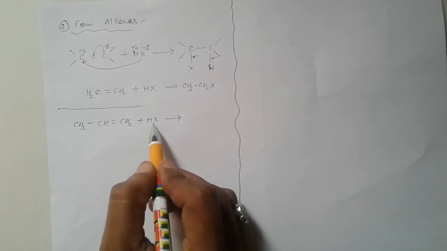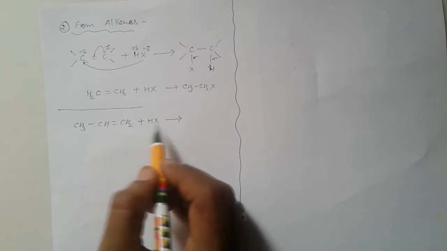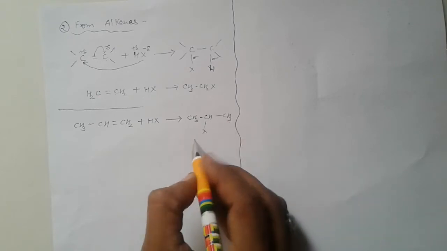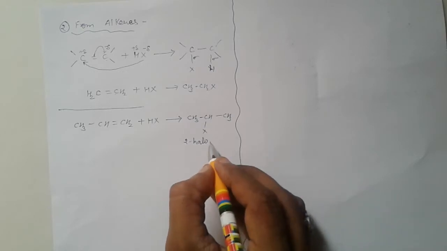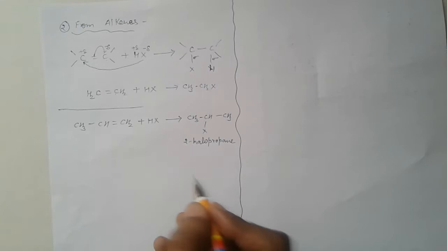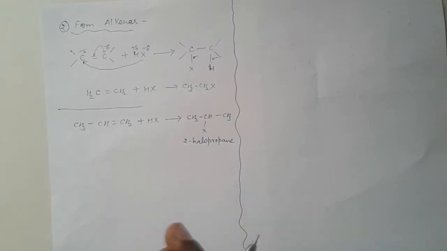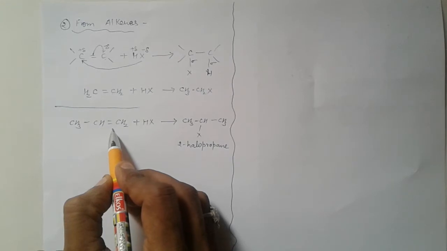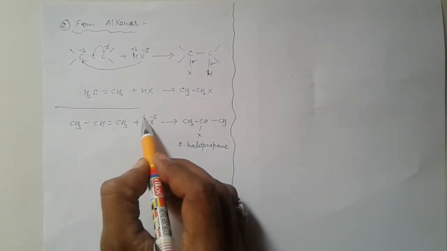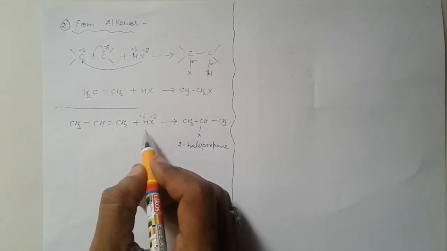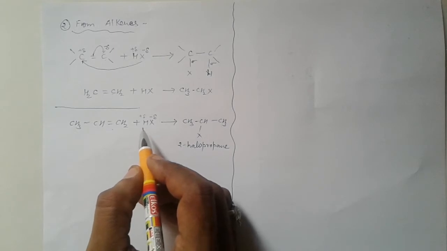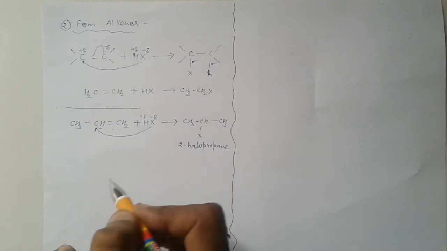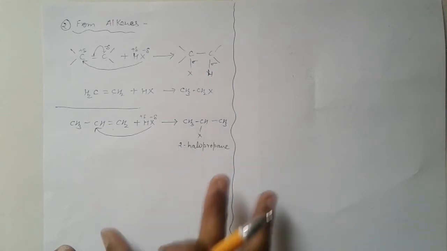After addition of halogen acid, propene is converted into 2-halopropane. Here propene is an unsymmetrical alkene, so the negative part of the polar molecule, the halide ion, is attached to the double bonded C atom which has the lesser number of hydrogen atoms. So the product will be 2-halopropane.